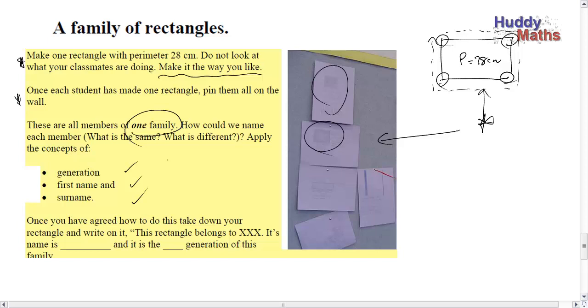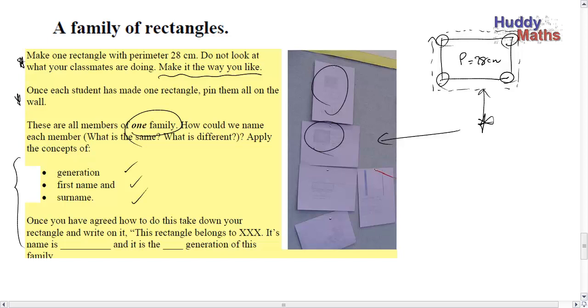Now, coming back, I want to give the answers to these things here. And if you haven't actually discussed that yet, you've got to pause it again now and make sure you've gone the whole way. That you've got your rectangles, you've pinned them up, you're going to have a look at them, and now you're all going to agree on how to name them.